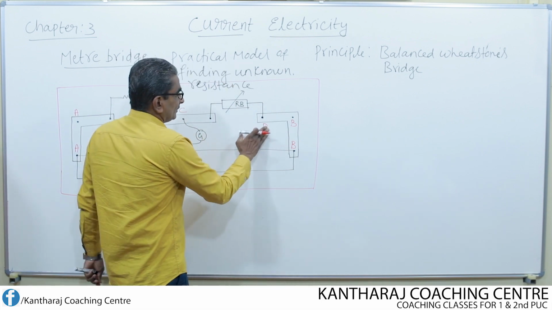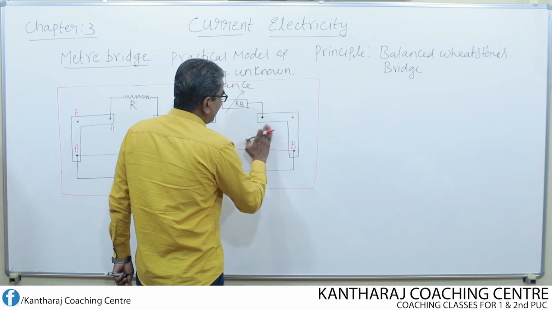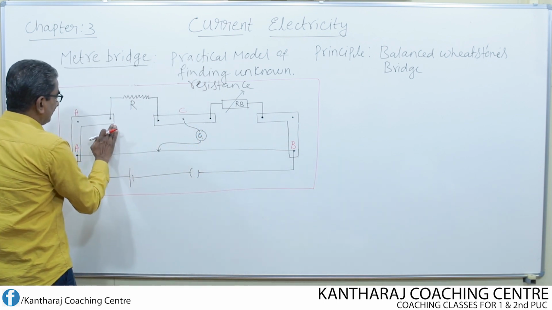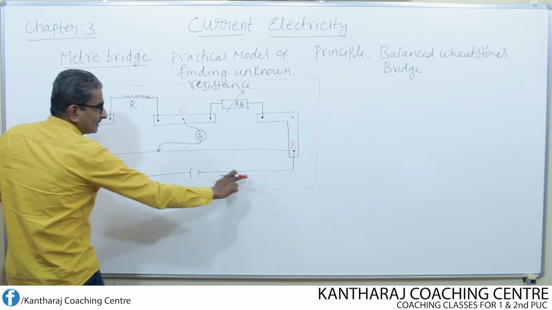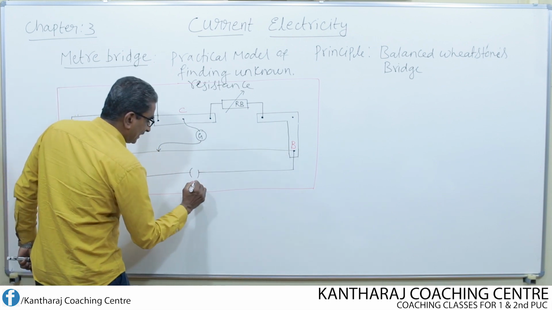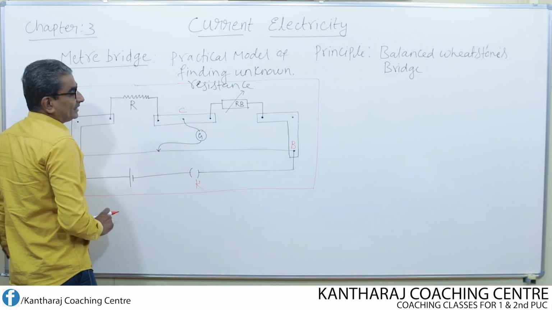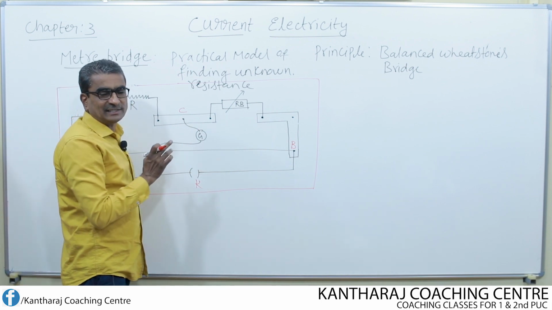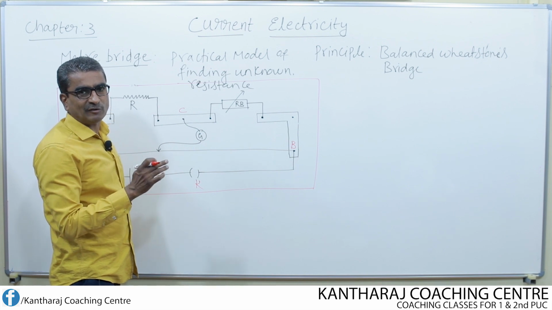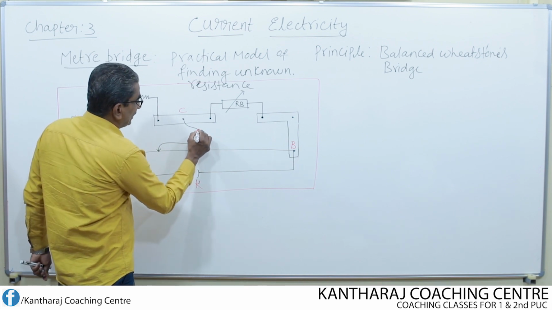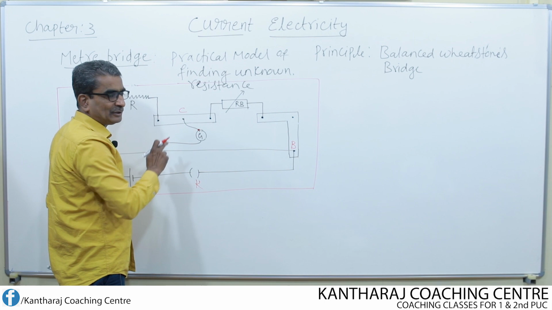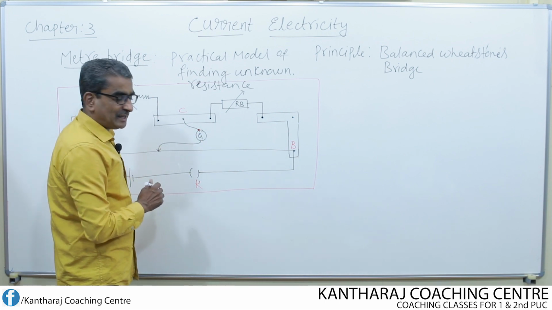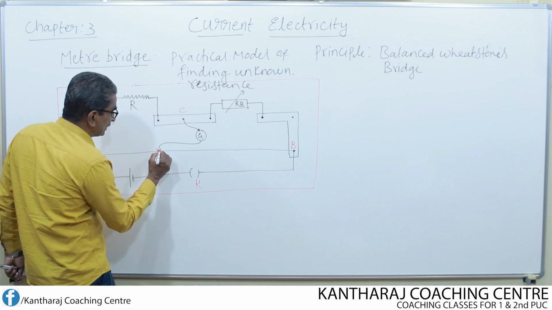Now, meter bridge wire of length 1 meter is tied tightly between A and B. Then between A and B, a cell and plug key are connected. Then from the terminal C, we connect a current sensitive device known as a galvanometer. One terminal of the galvanometer should be connected to the terminal C, whereas the other terminal of the galvanometer should be connected to a jockey.